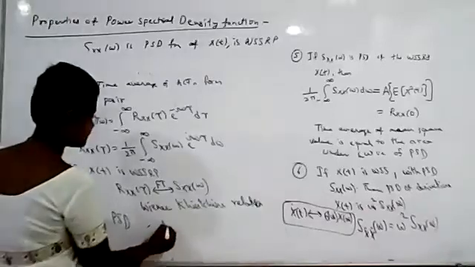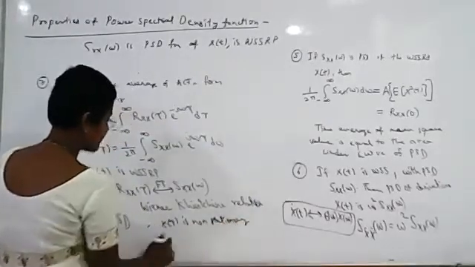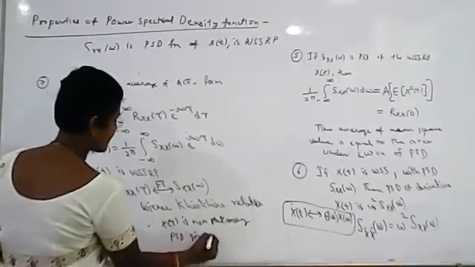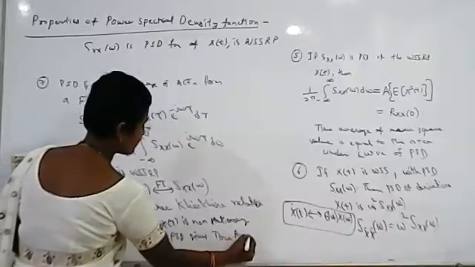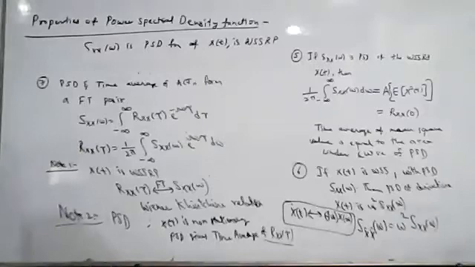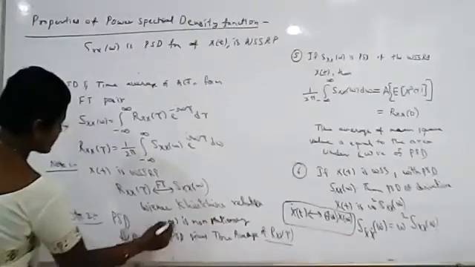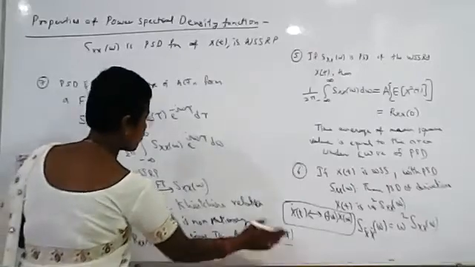If x of t is not wide-sense stationary, that is, non-stationary, then the PSD gives us the time average of the autocorrelation function.